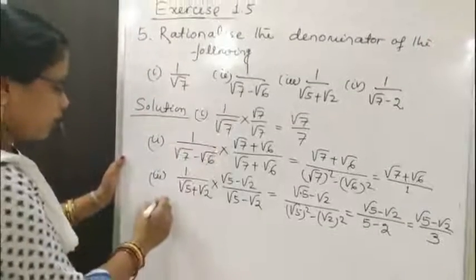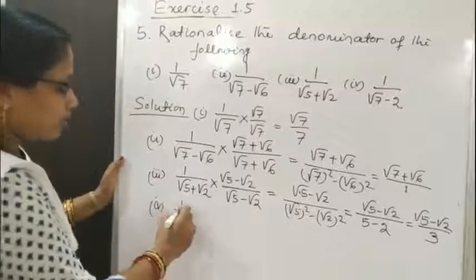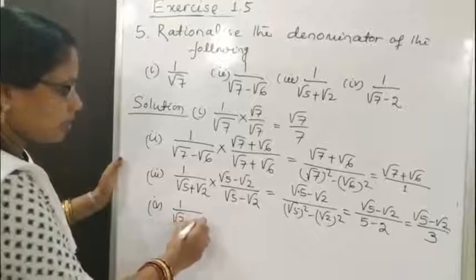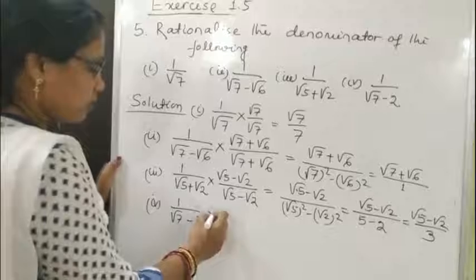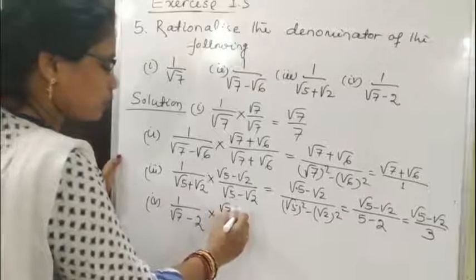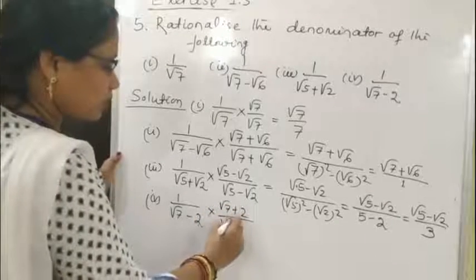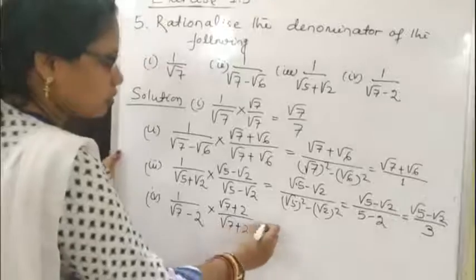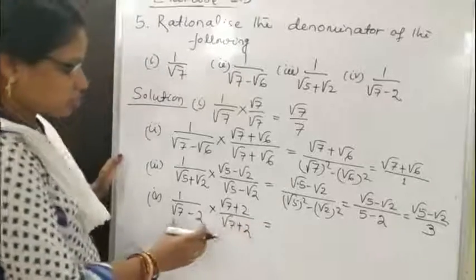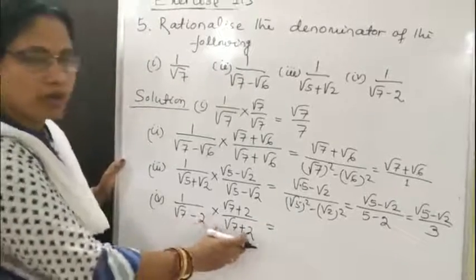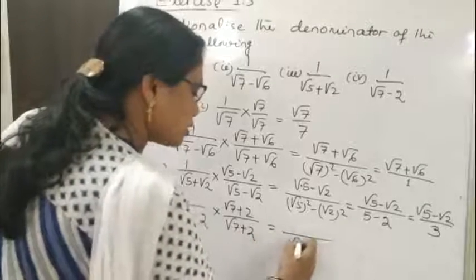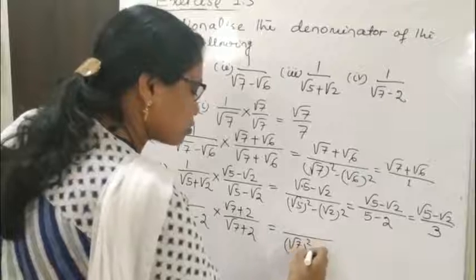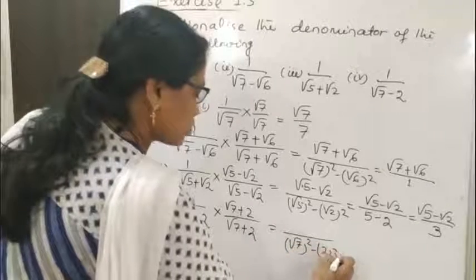The fourth one, 1 by root 7 minus 2. Here we multiply by root 7 plus 2 and divide by root 7 plus 2. In this case also the denominator is a minus b multiplied with a plus b, so this is a square minus b square: root 7 whole square minus 2 square.